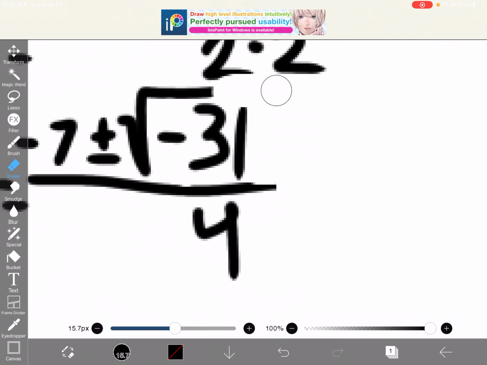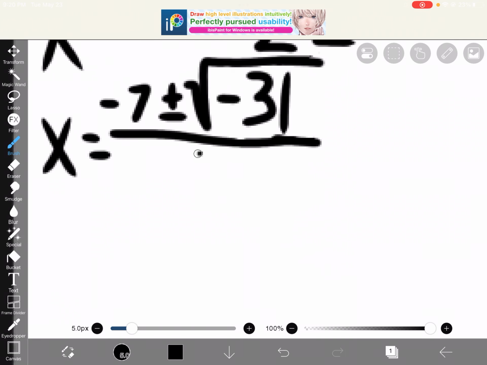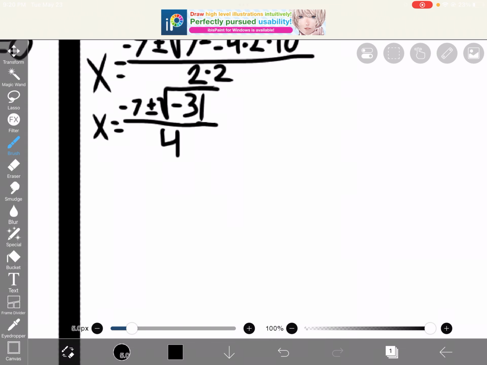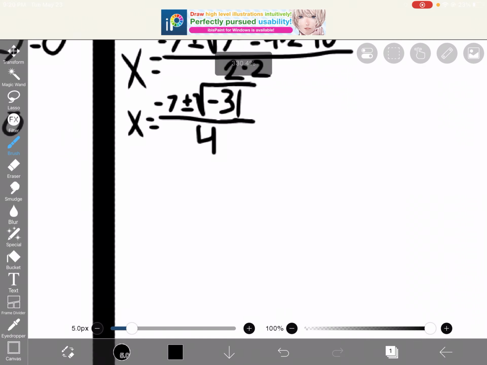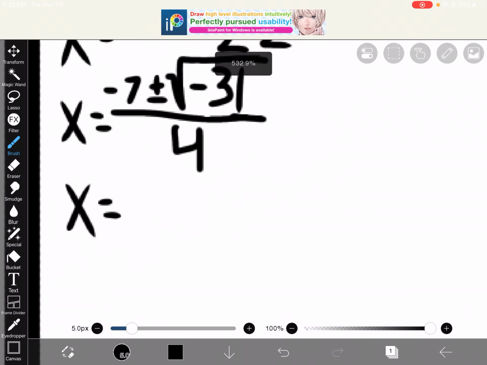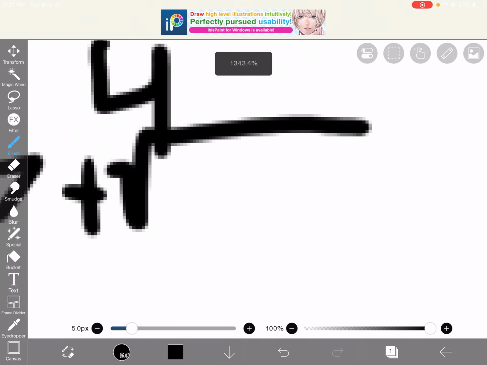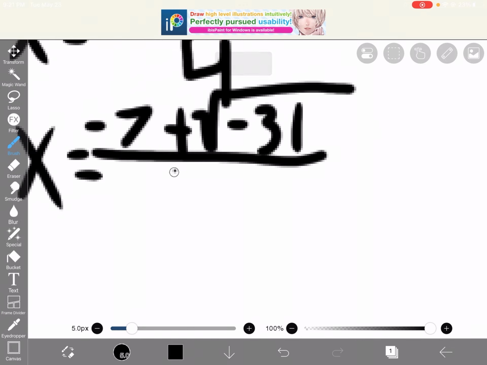Let's readjust all of this. And so now all we have to do is separate, which would give us x equals negative 7 plus the square root of negative 31 over 4.